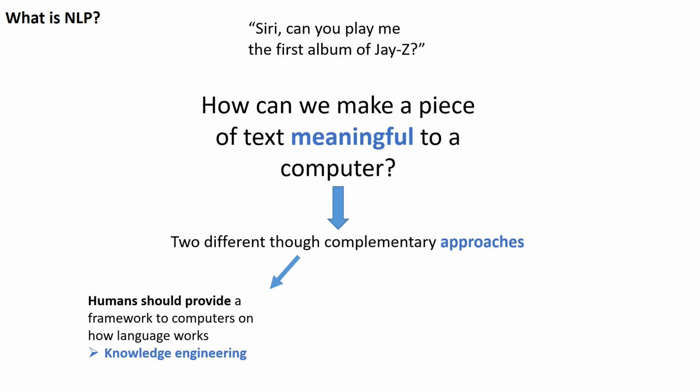The basic idea of knowledge engineering is that humans should provide a framework to computers on how language works, and provide the computer a taxonomy of our language, which means all the inflected verbs, for example, so that the computer knows that in the sentences he works, she works, we want to work, the verb work refers to the same kind of action. And also to give the computer a set of rules on how to deal with language so that it mimics human reasoning, how humans think about language and in language. And this is called knowledge engineering, and it was pretty dominant in the 50s and 60s.